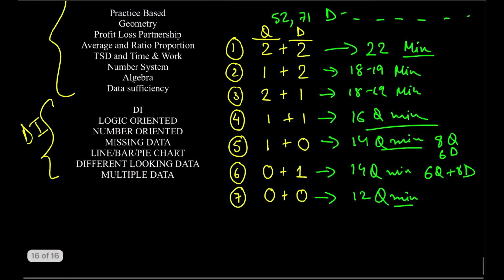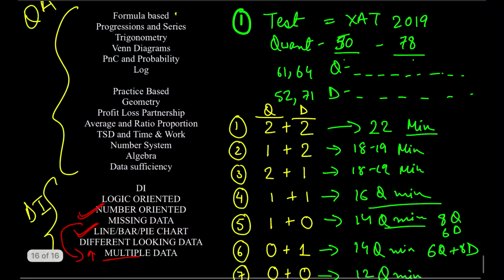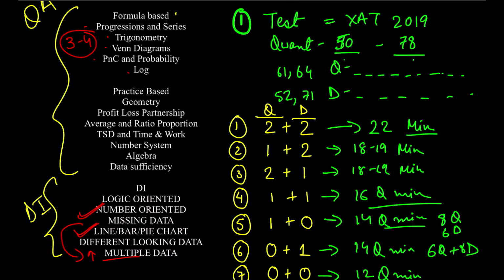The sections you need to focus on are number oriented questions, simple line bar chart questions, slightly one level up, multiple data, which is 1 level up, and longer calculations, that's all. You have to focus on these 3 topics in DI. Of course you have to visit all these topics and finish them in 3 to 4 days. Okay, finish all the topics with examples and theory.